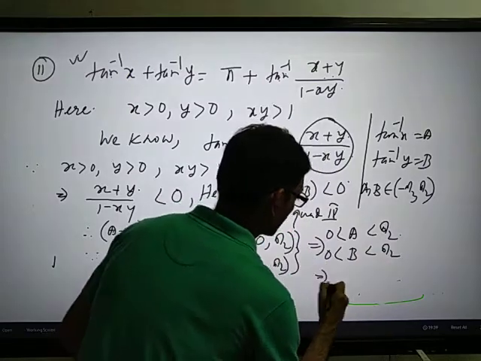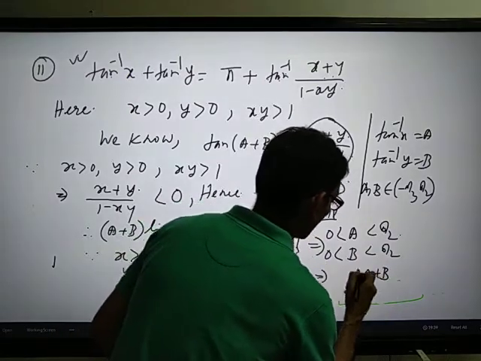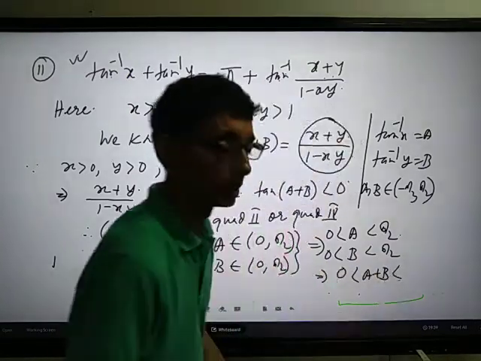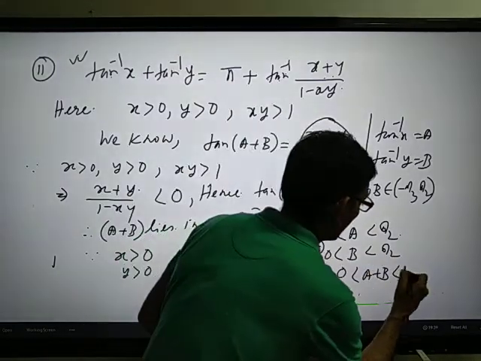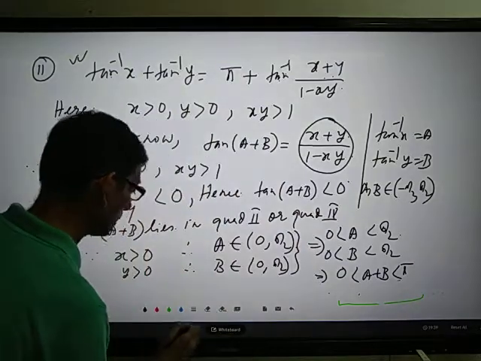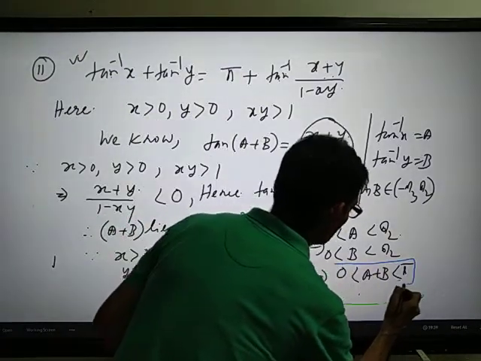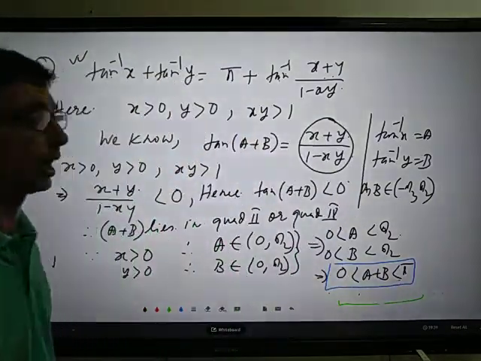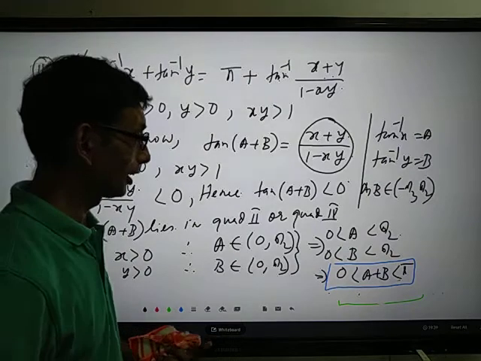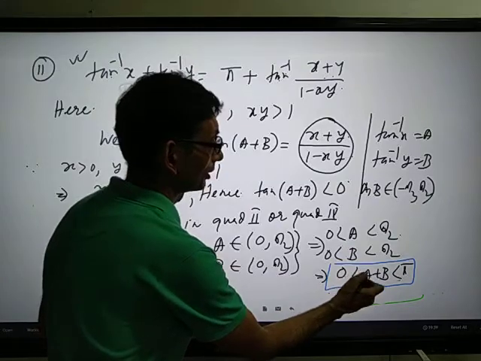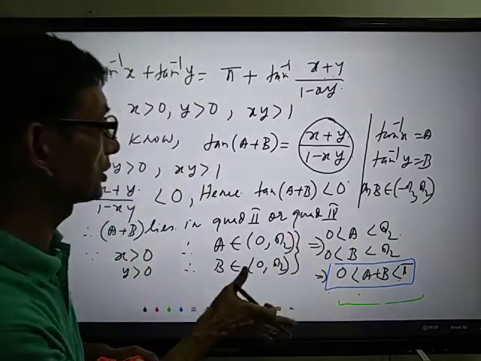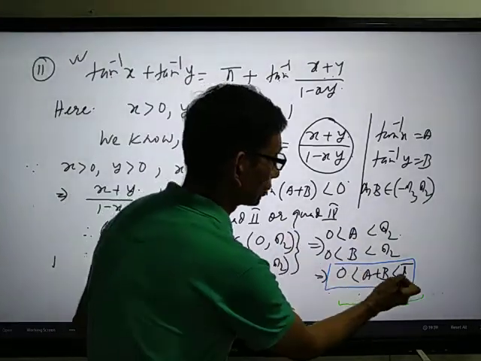So this implies a plus b lies between 0 and what? If you add these, 0 plus 0 is 0, and pi by 2 plus pi by 2 is pi. Have you seen that? So a plus b lies between 0 to pi. Now, with the help of the given restrictions, a plus b lies between 0 to pi.